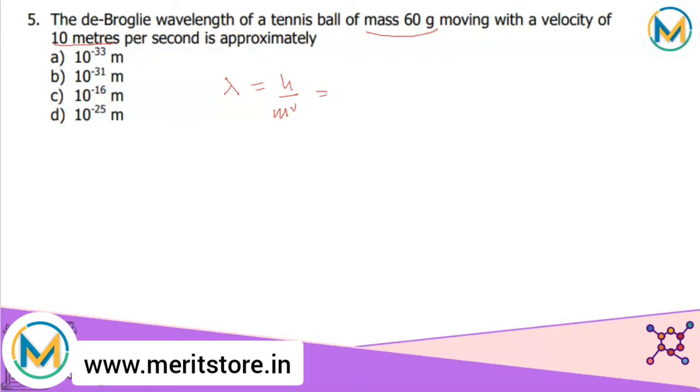Let's put in the values. h is a constant, that is 6.63 into 10 raised to minus 34, the whole upon m, which is 60 gram. We are supposed to put it in kg, that is 60 into 10 raised to minus 3, and this velocity 10 meter per second. So this will become 10 raised to minus 33 meter. So the correct answer for this question is option A, 10 raised to minus 33.